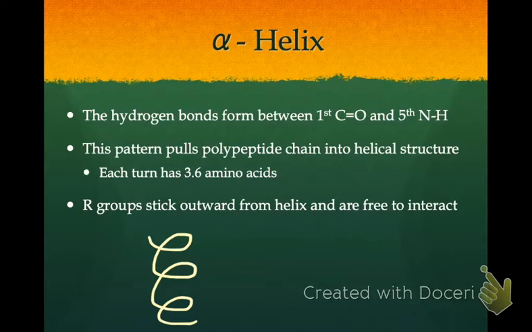And each turn would have 3.6 amino acids. And what's going to happen when this forms is that the R groups are going to stick out off of the structure like so.